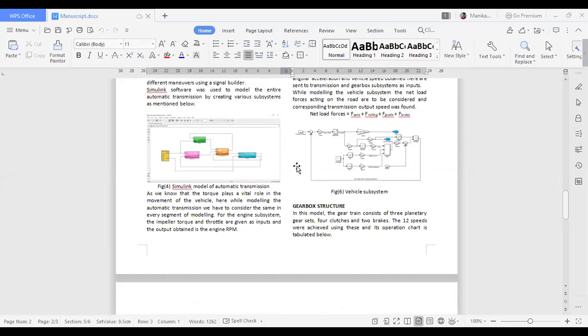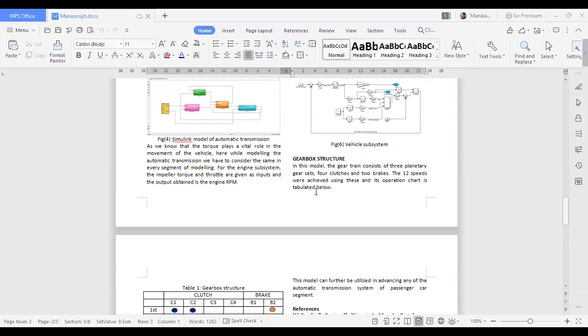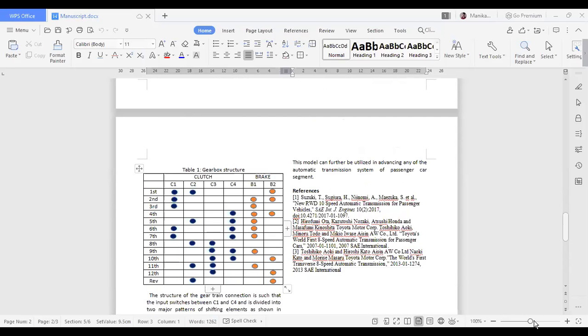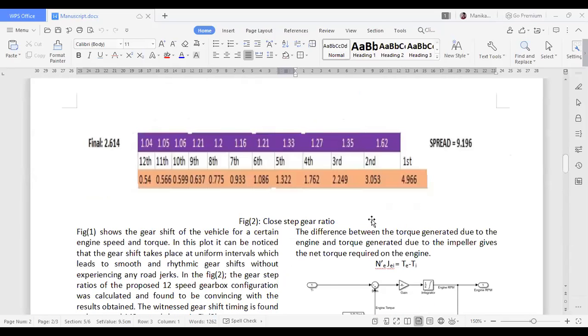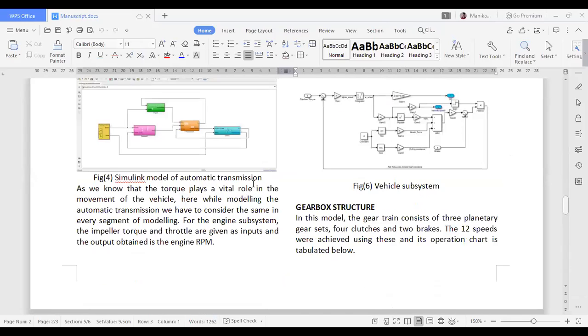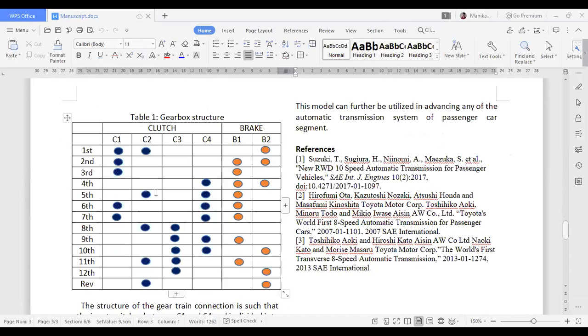As we are focusing mainly on the gearbox configuration, the gearbox structure plays a crucial role in getting the 12-speed configuration. Let us take a look over this table.